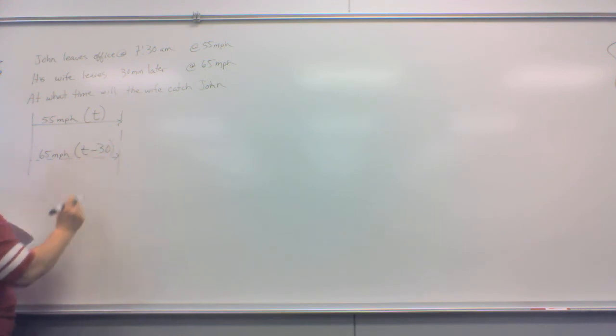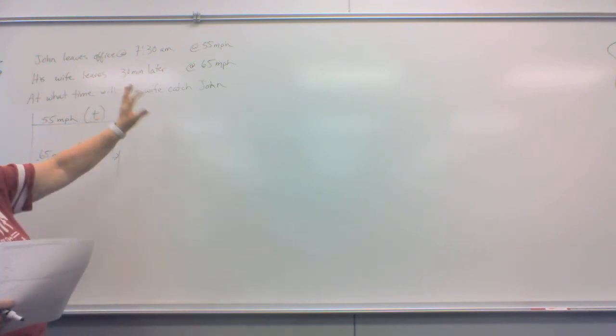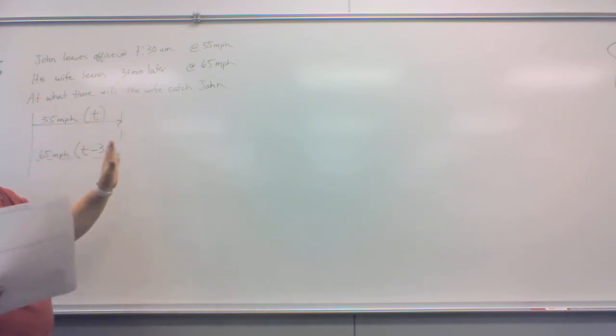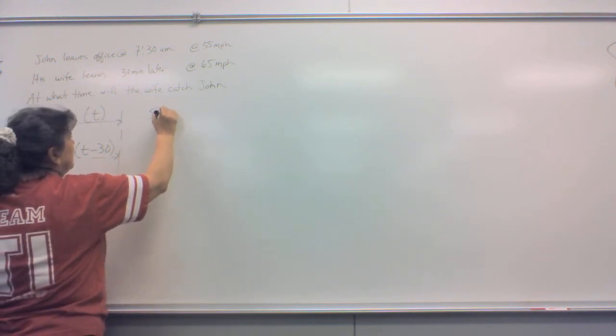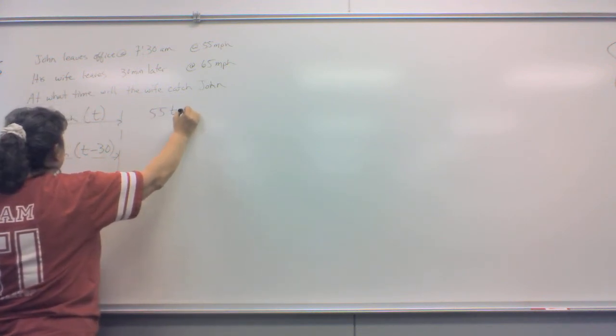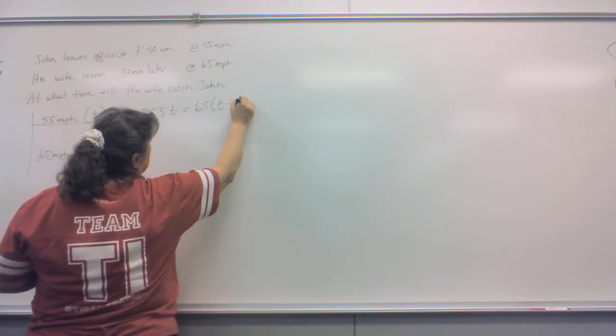And we can go ahead and leave it as minutes. Why? Because miles per hour cancels out because of the equality in this case, okay? So this time they're equal to each other. So we have 55t is equal to 65 times t minus 30.